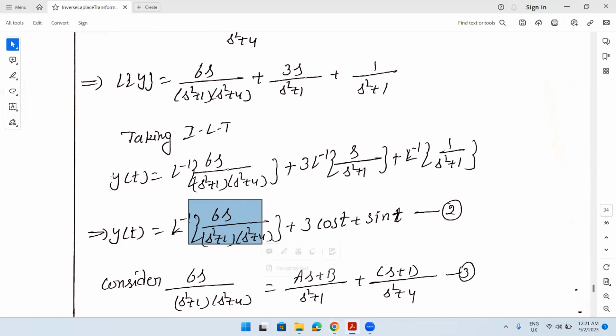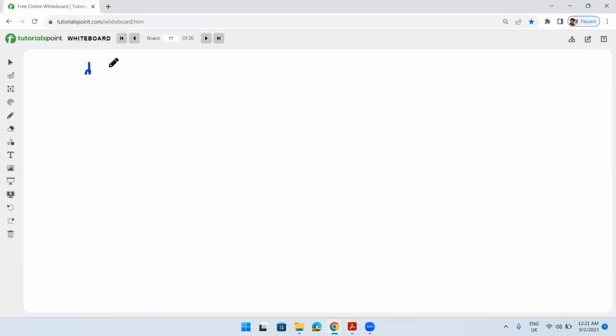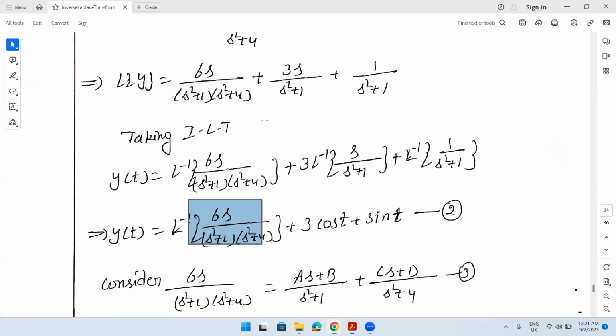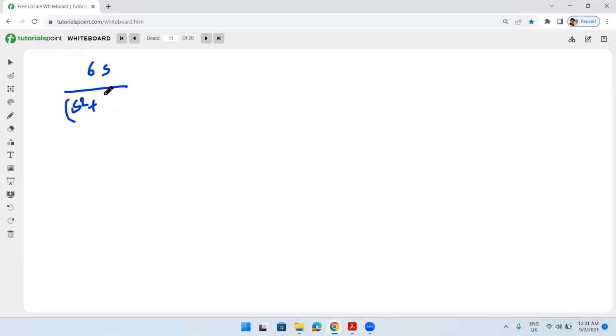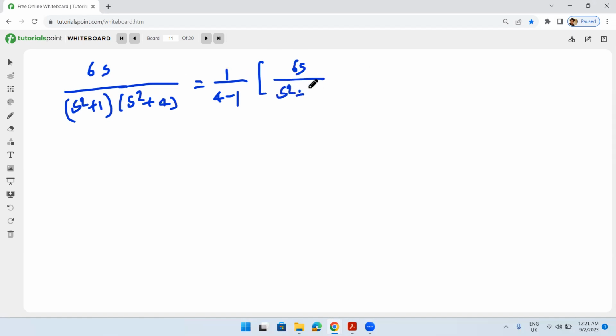So 6s by (s square plus 1)(s square plus 4): the shortcut is 1 by (4 minus 1), bigger minus smaller, into the numerator as is, whatever we have, 6s by s square plus the smaller one, minus 6s by s square plus the bigger one.